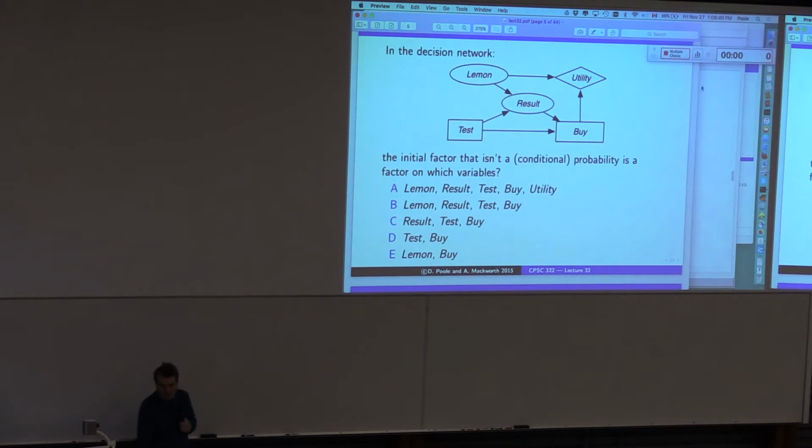I want to know here about the initial factor that isn't a conditional probability. It's a factor on which variables? There are three factors. We've seen two of them, the conditional probabilities. What's the other factor a factor on?